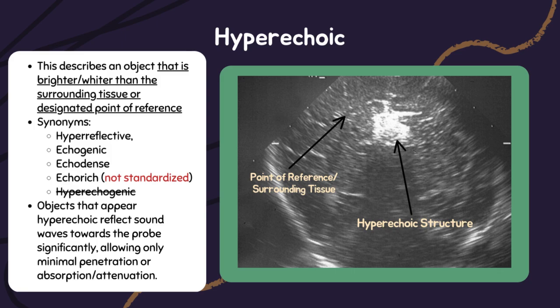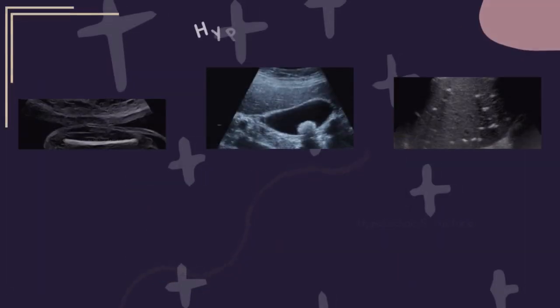An informal and non-standardized word that can also be used in its place is echo-rich. Avoid using the word hyper-echogenic. Objects that appear hyperechoic reflect sound towards the probe significantly, allowing only minimal penetration or absorption or attenuation.